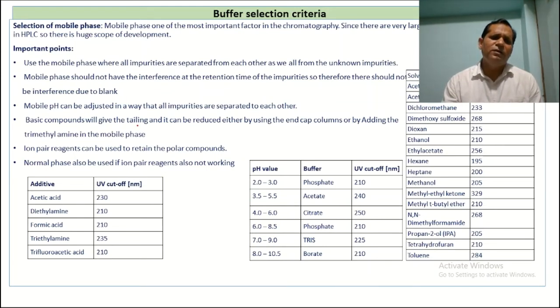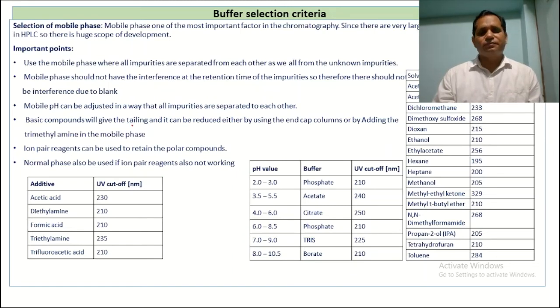The reason for the tailing is interaction. The column has silica with free silanol groups. These free silanol groups make hydrogen bonds with the nitrogen present in the compounds, and due to this hydrogen bonding the compound gives tailing.